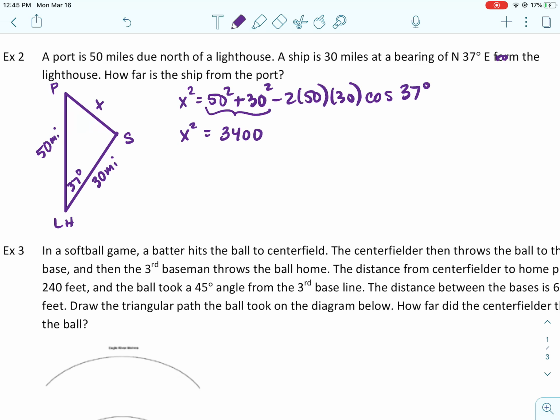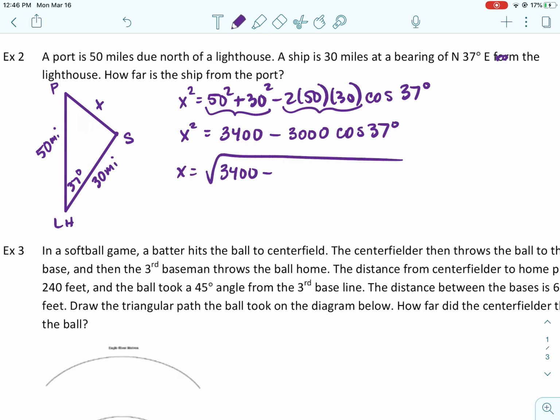On our test, I don't think it would be. I think they would probably have you go ahead and do 50 squared plus 30 squared, and go ahead and multiply 2 times 50 times 30. But then after that, we're just looking for the square root.